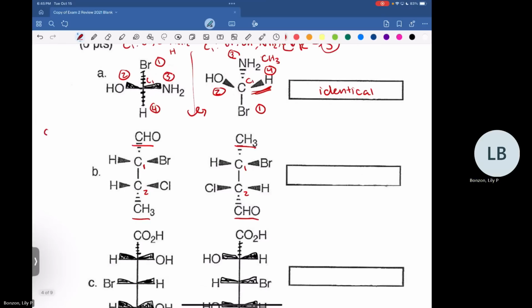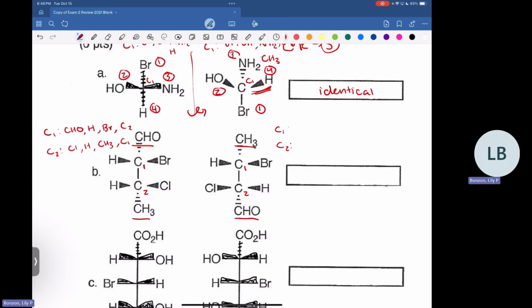So on the left-hand side, carbon 1, again, we have the CHO group, we have a hydrogen, we have a bromine, and then we have carbon 2. Carbon 2, we have a Cl, we have a hydrogen, CH3, and then carbon 1. Now I'm going to check on the right-hand side.